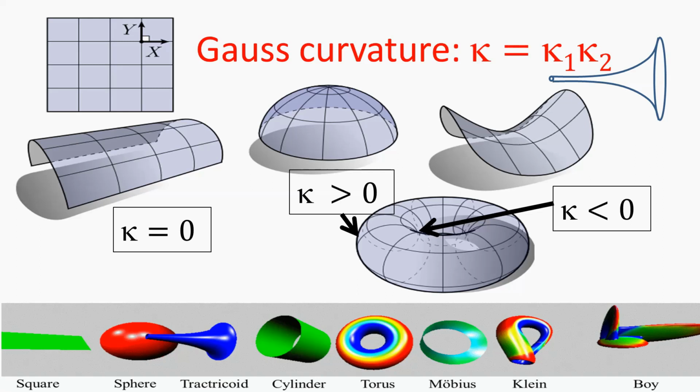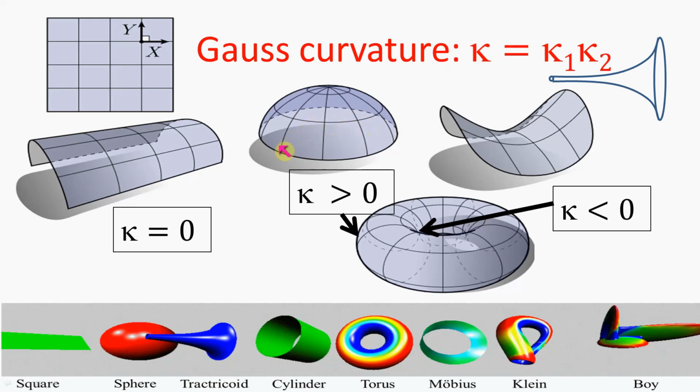Therefore, the Gaussian curvature of a sphere will be the reciprocal of the square of the radius of the sphere. If we stand on this side of the sphere and look at different directions, we always have the feeling that we are on top of a hill and the surface bends downwards.